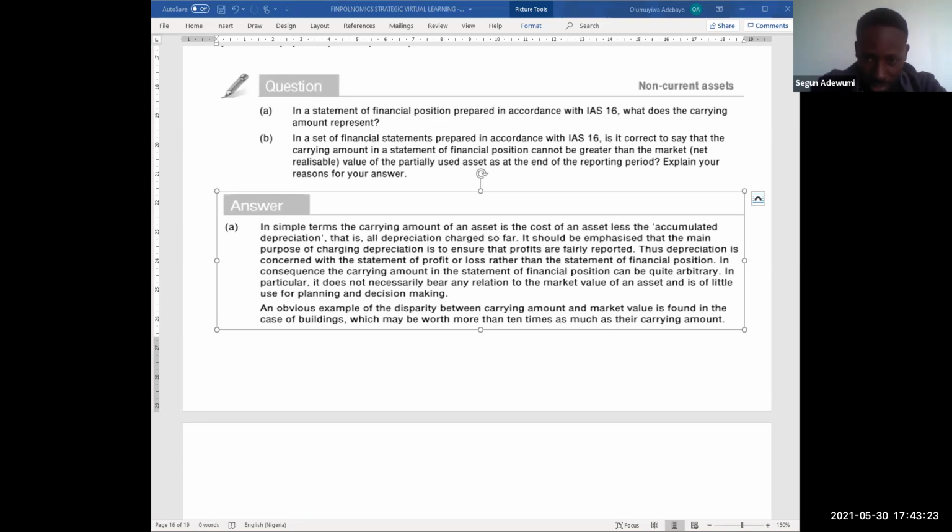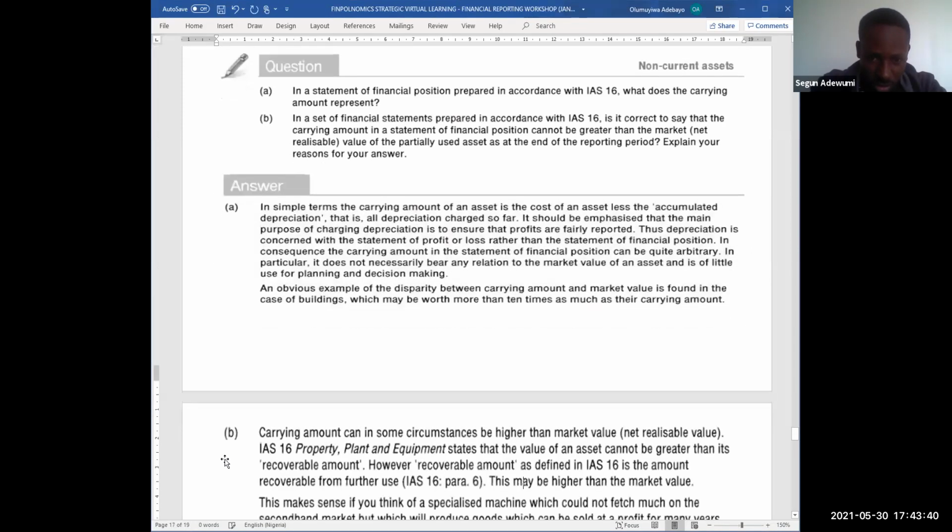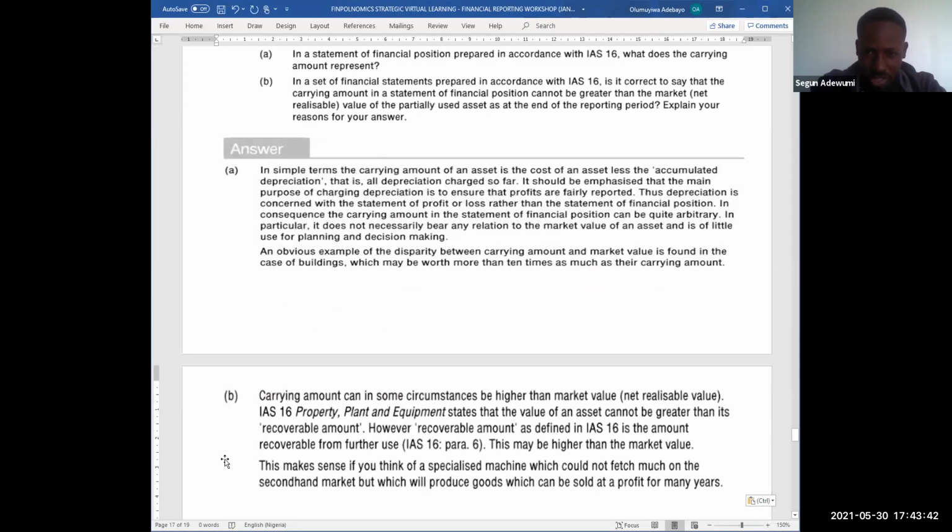It should be emphasized that the main purpose of charging depreciation is to ensure that profits are fairly reported. Thus, depreciation is concerned with the statement of profit or loss rather than the statement of financial position. In consequence, the carrying amount in the statement of financial position can be quite arbitrary.